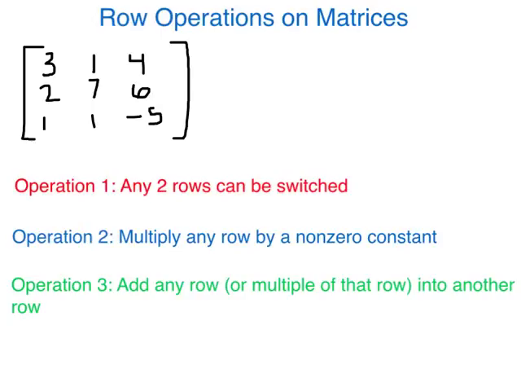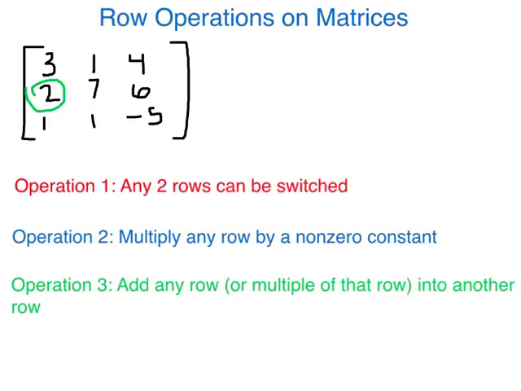Alright, this third operation is the hardest one to grasp, so we'll do a couple examples of it so you can really understand it. It says you can add any row or multiple of that row into another row to change the latter. So what I could do here is, let's say that I wanted this 2 to become a 0.